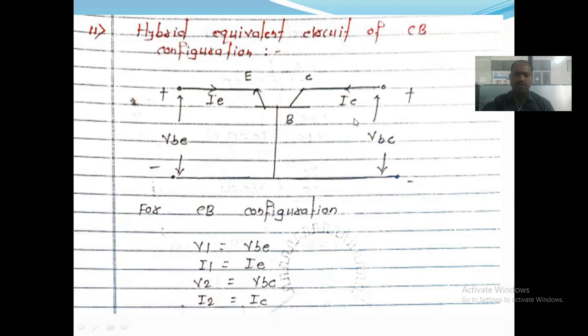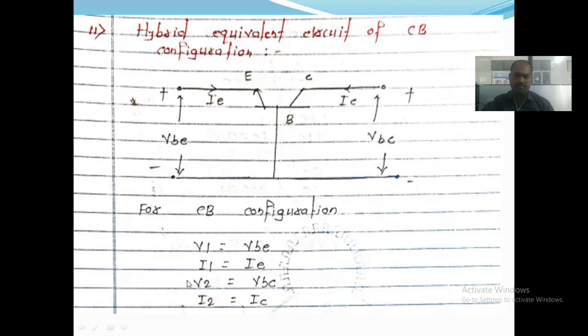It is the output voltage, and same way, whatever the current flowing through the output, that is with respect to the collector. That's why it is called the collector current. Okay, so see, V1 is nothing but VBE, I1 is nothing but IE, I2 is nothing but IC, and V2 is nothing but VBC, right?